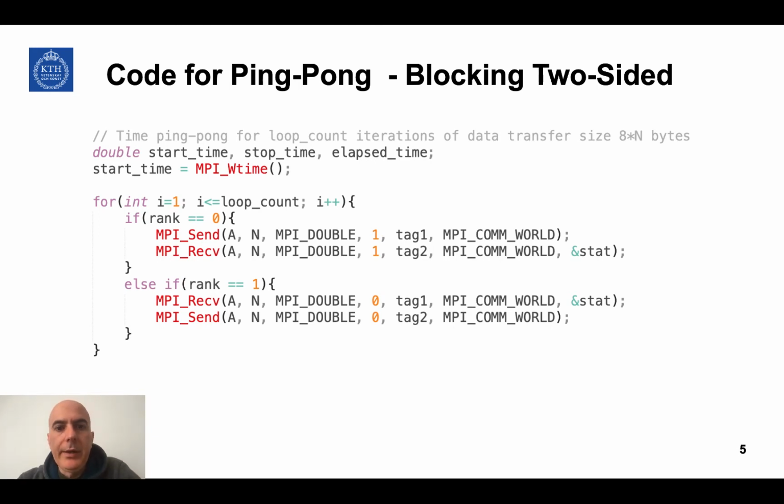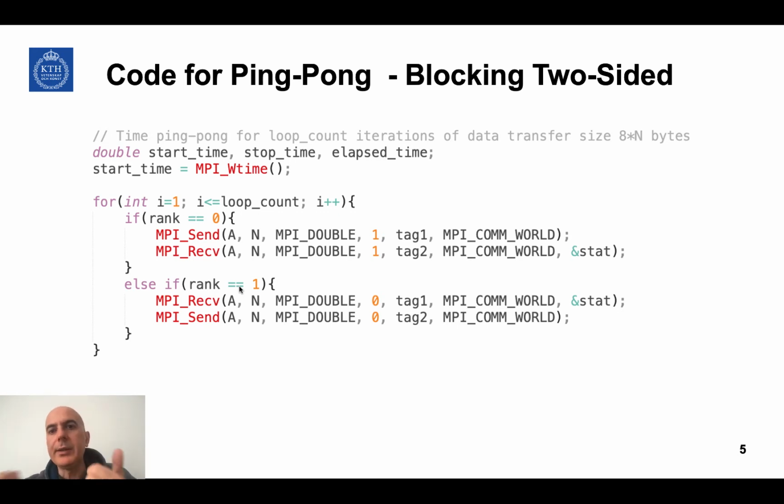We provide on the website, on Canvas, a very simple test code for performing the PingPong benchmark. The PingPong uses blocking two-sided MPI communication. The way it works, we launch an MPI code with only two processes, rank 0 and rank 1.